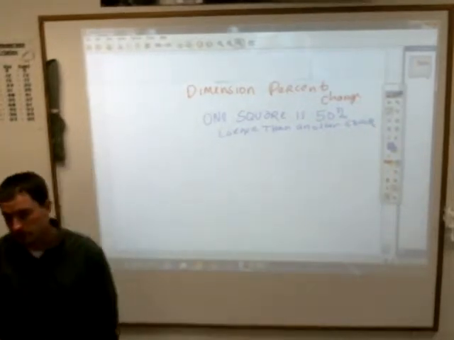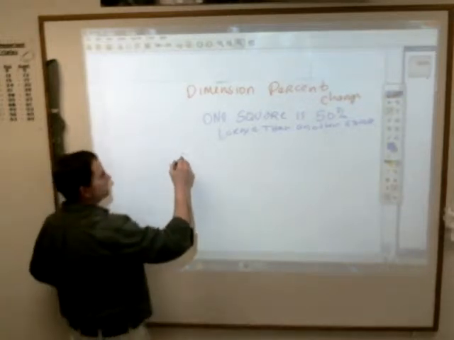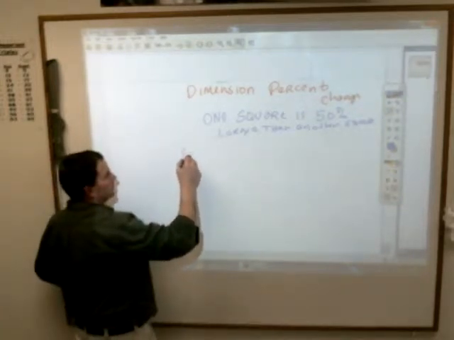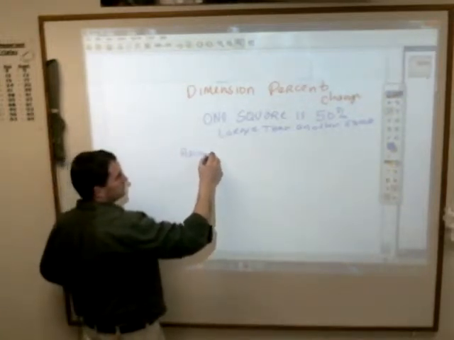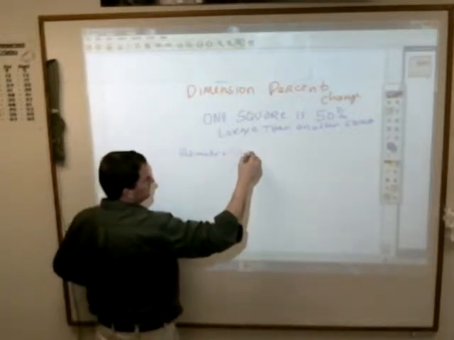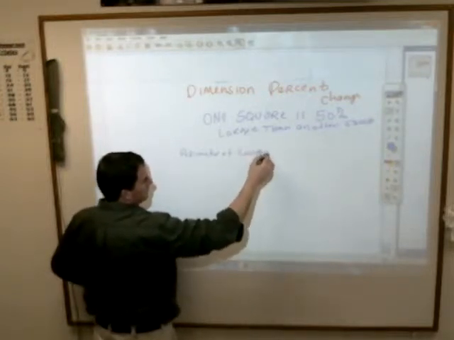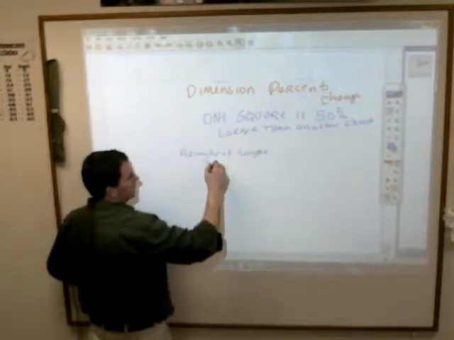Let's look at the questions they're going to ask us. The perimeter of the larger square is what percent of the perimeter of the smaller square?